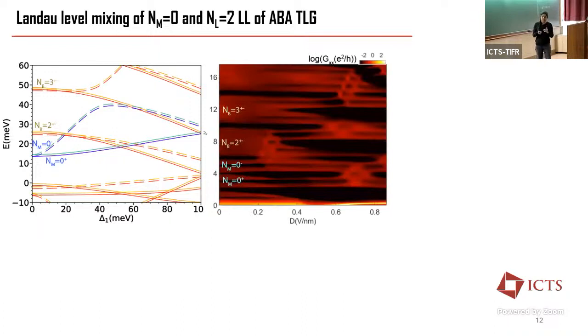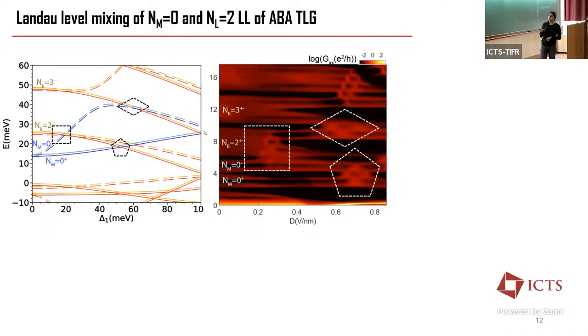In order to understand if these crossings are actually real and can be seen in experimental data, this is the data at 2 Kelvin, where we nicely see all the crossings. This rectangle is nicely matching with this rectangle, this hexagon is nicely matching with this hexagon diamond, and this is also matching with this part.